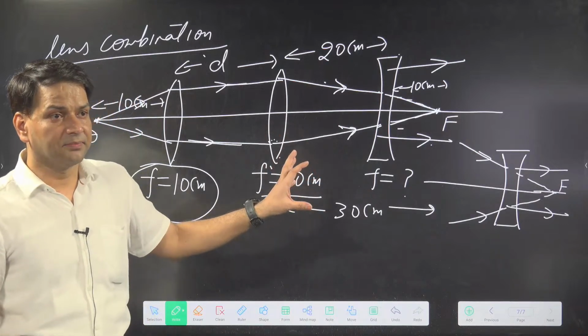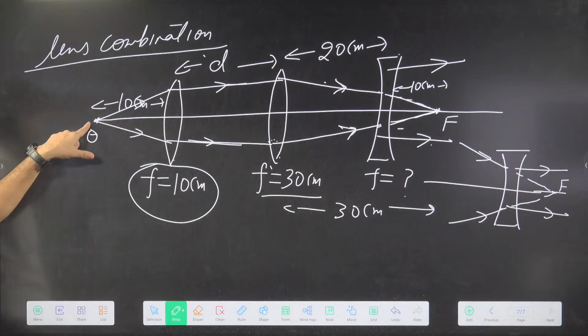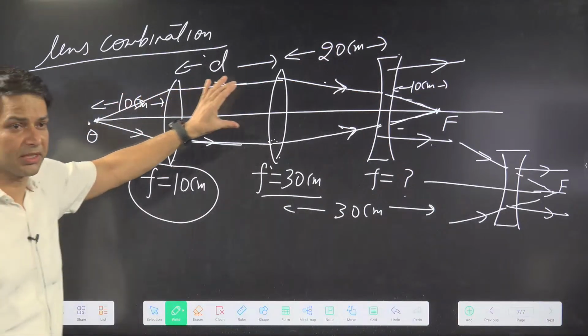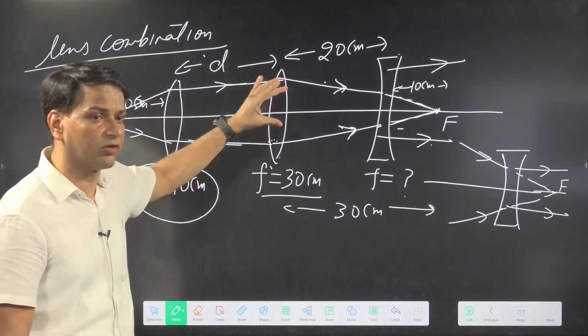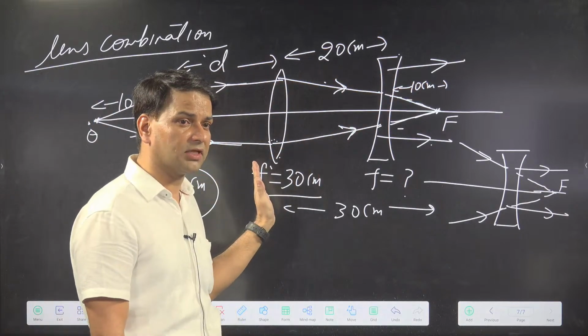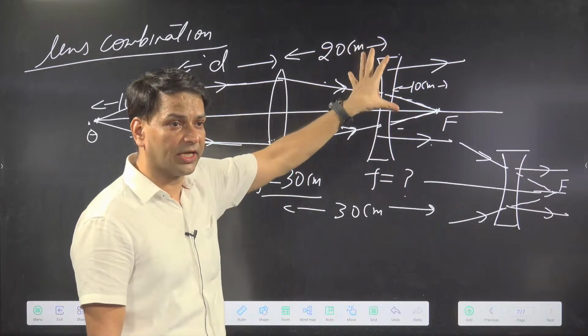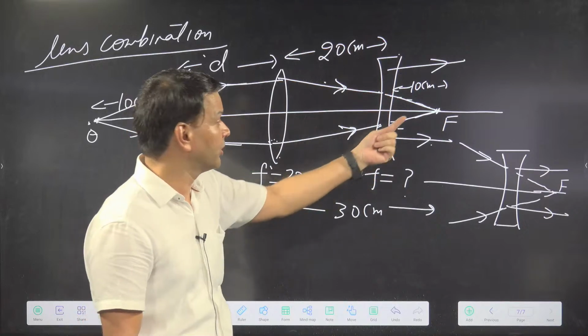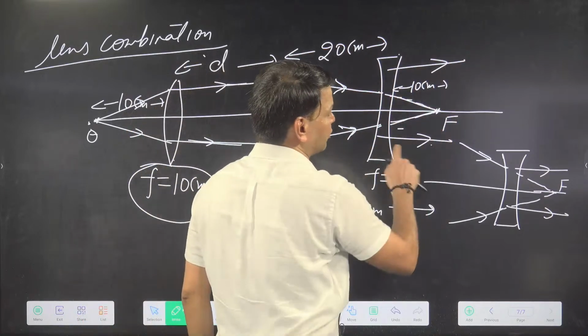Should I repeat again? Here the object was placed at focus, so after refraction the light ray becomes parallel. A parallel beam of light falls on the second lens, so it will converge at focus. The focal length of the second lens they have given is 30 centimeters, so it will converge at 30. But before that we have put one concave lens, so it will appear to converge at this point, and the light ray becomes parallel to the principal axis.